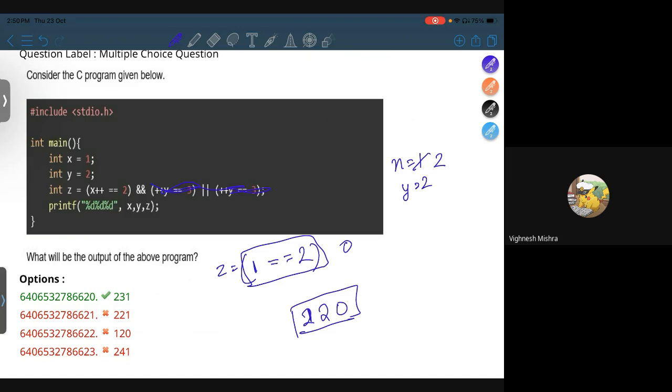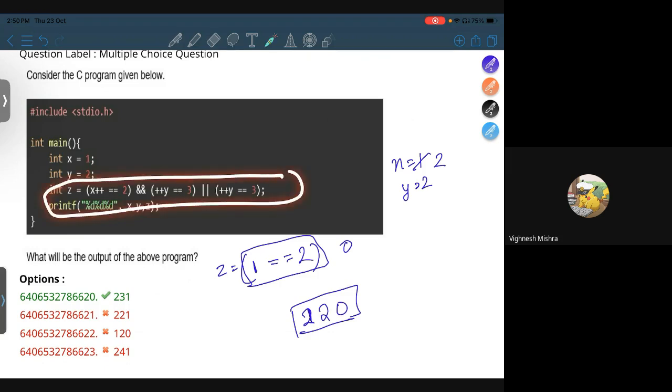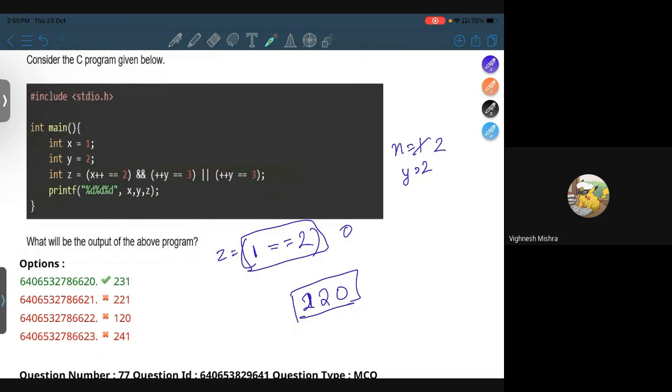Anyone knows the precedence or how these operators, AND or OR, will get resolved? AND is before OR, I think. Ideally, it is that way, but that doesn't seem to be the case here. Let me ask this to GPT.